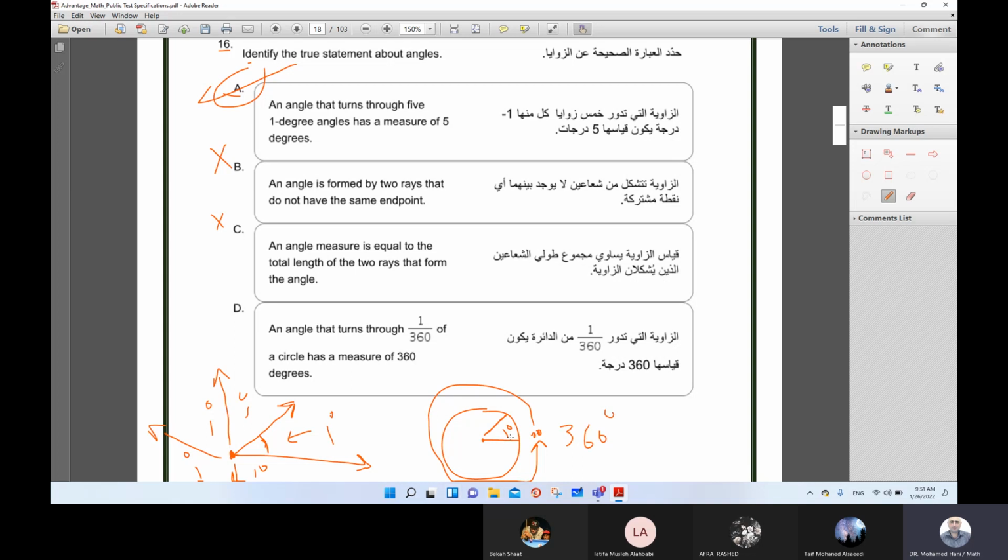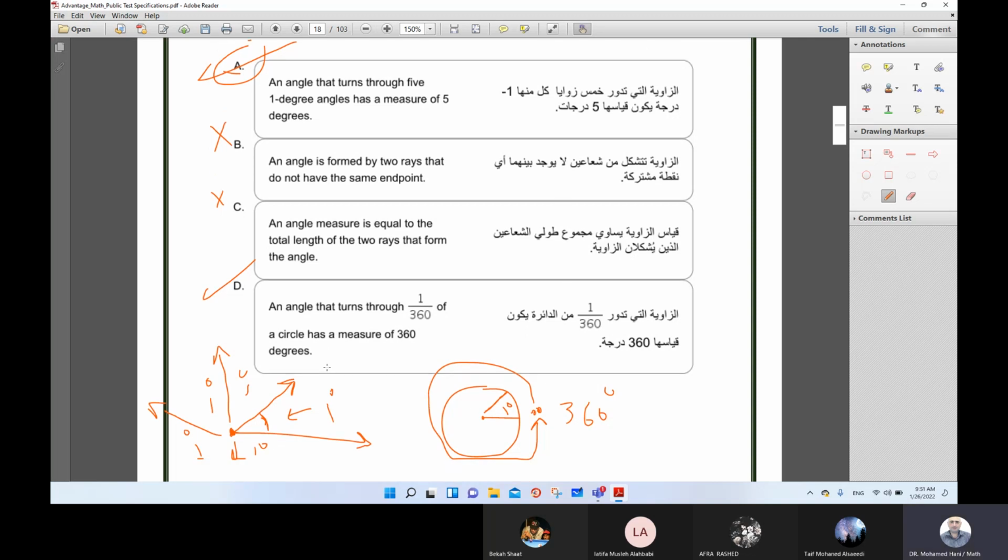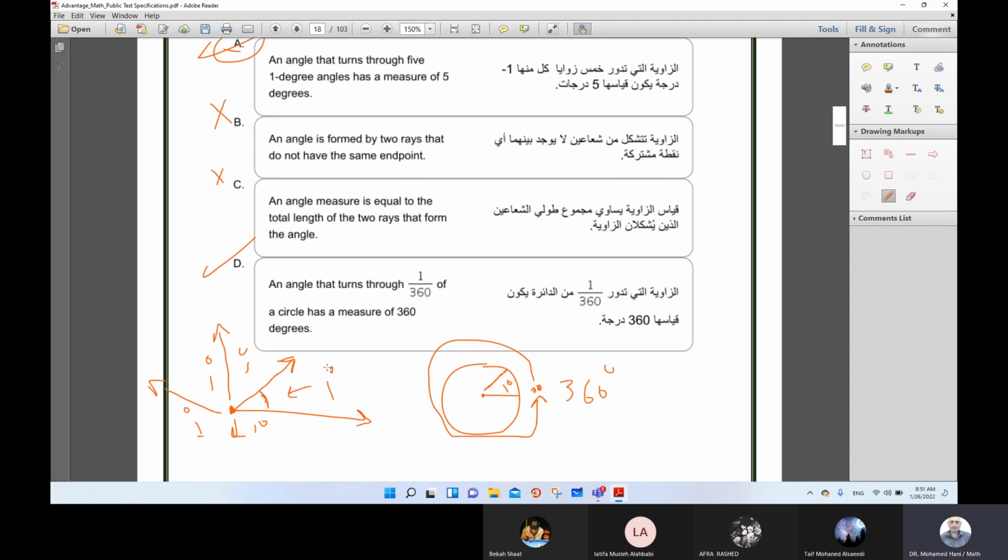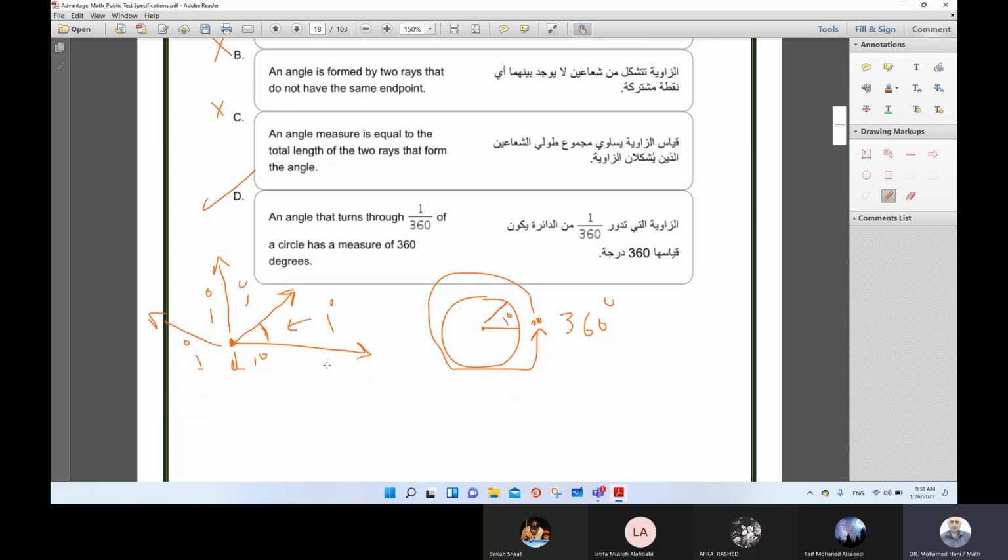So this angle means 1 over 360. So this is correct. This is correct. Who has any question about this idea? Is it clear for all?